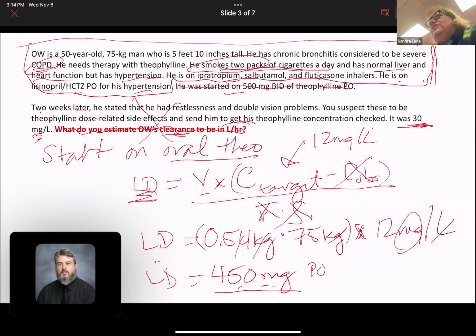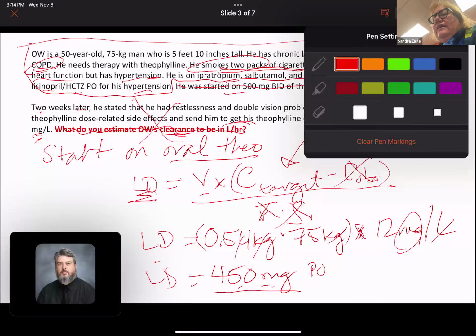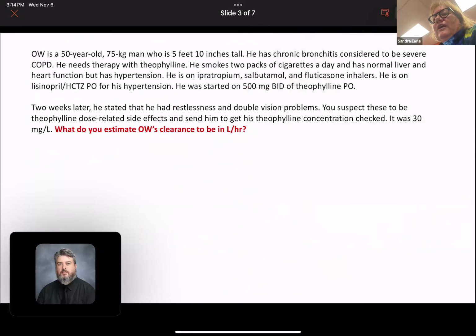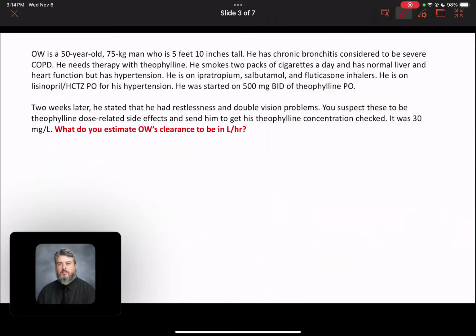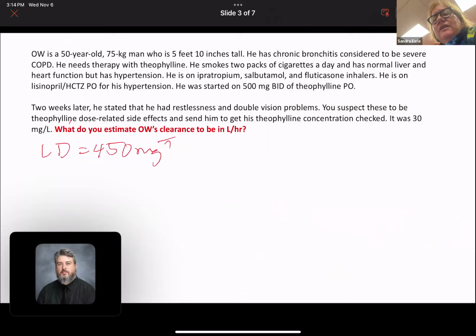I just don't want you to say 428. Do you know what I mean? When you can't give that, I want you to get used to figuring out what actually you're gonna recommend. Does that make sense? Yes, yeah. Okay, so our loading dose is 450 milligrams of theophylline.